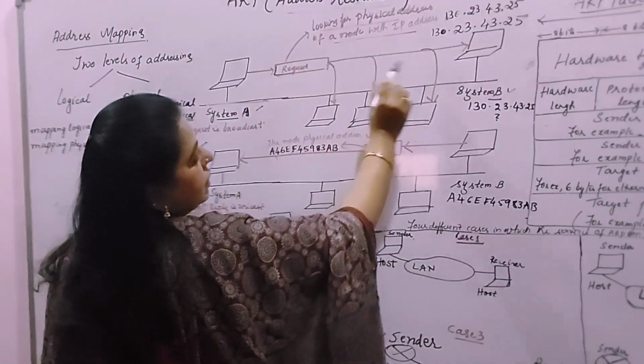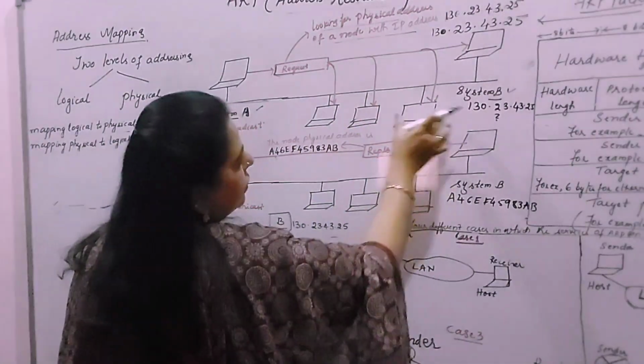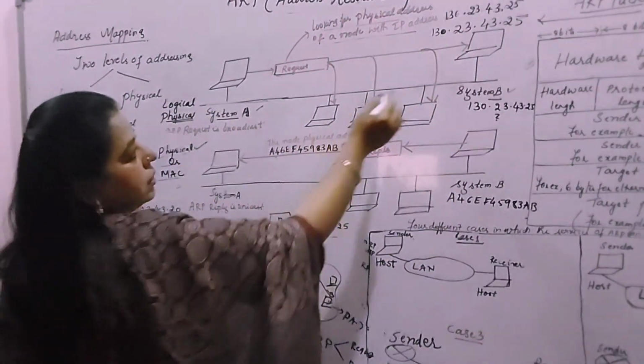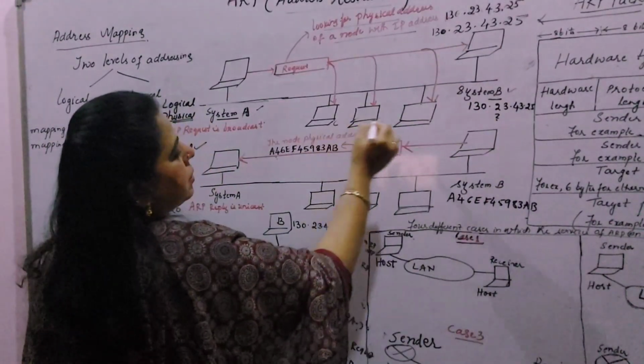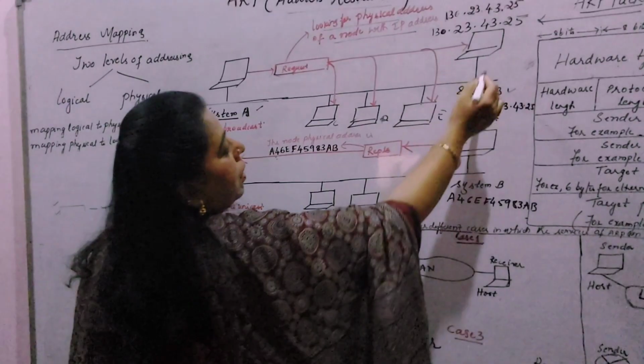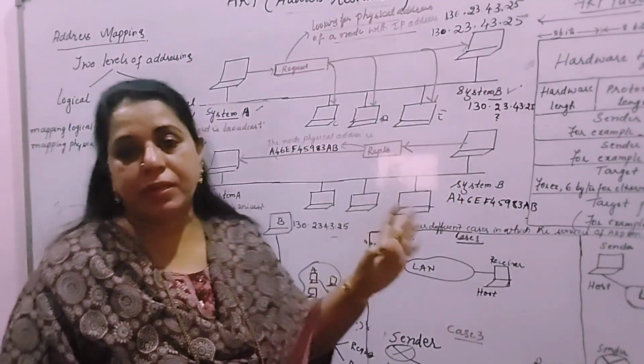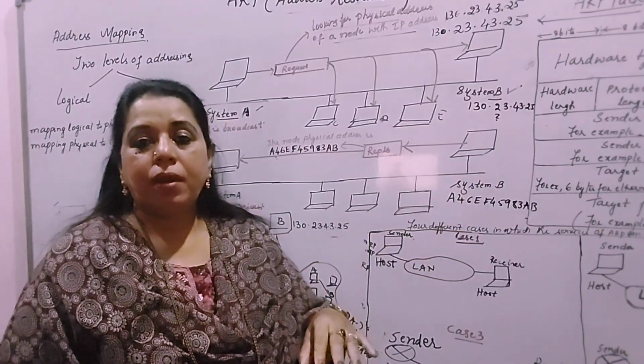It will send the request in the particular network. All the hosts connected in the network will receive that request. Suppose this is system B, there can be systems C, D, E. All these hosts will receive it, but only system B will respond to that particular request. Why will system B respond?